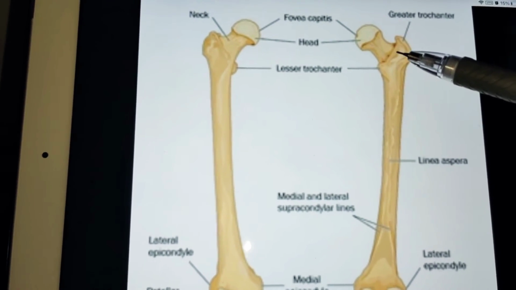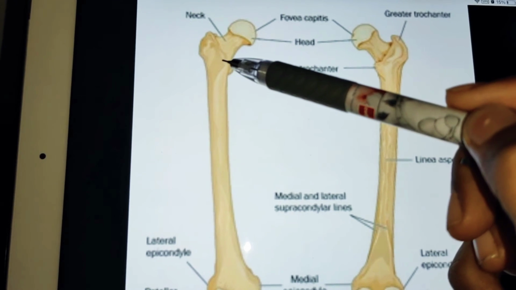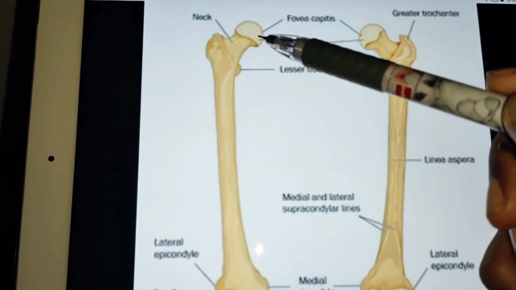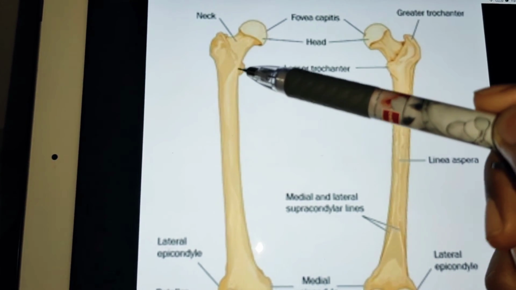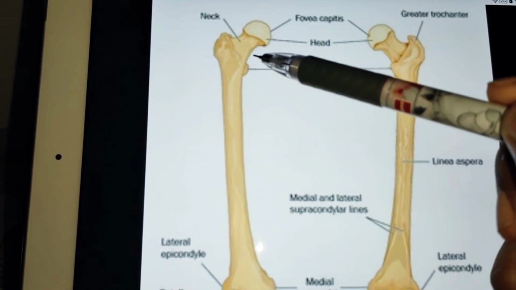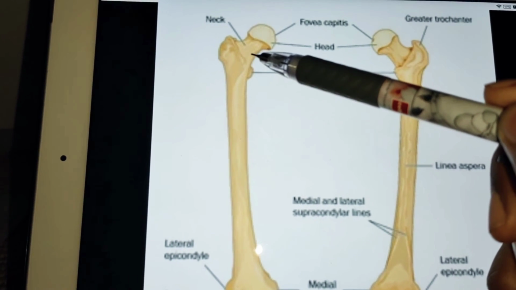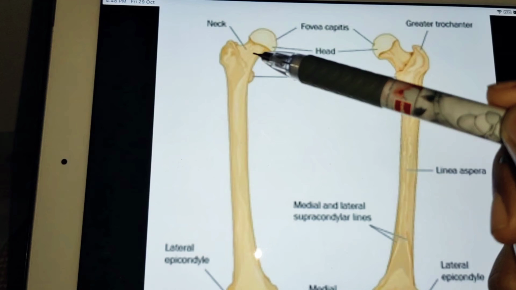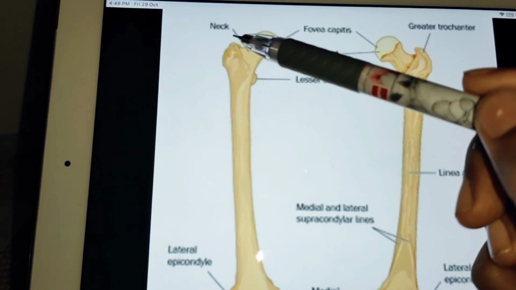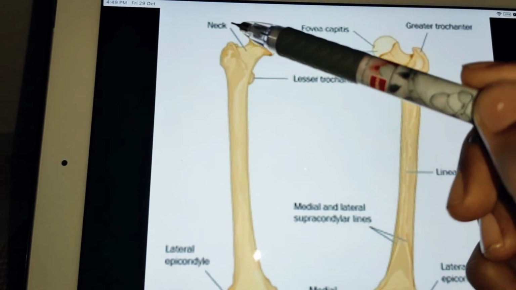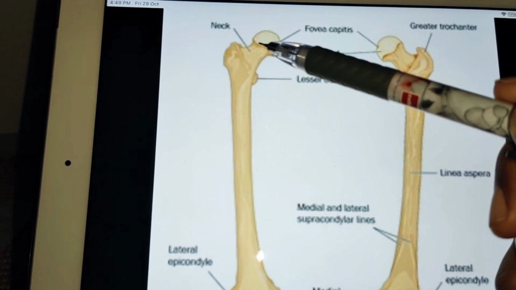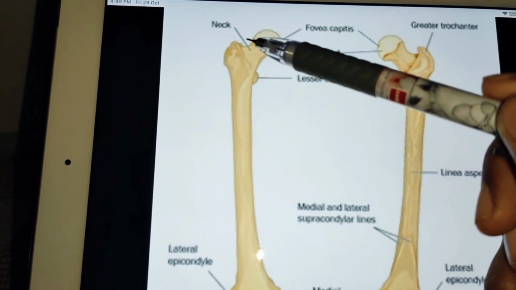Now coming to the intertrochanteric line, this is the intertrochanteric line, right? It marks the junction of the anterior surface of the neck with the shaft of the femur. It is a prominent roughened ridge which begins above at the anterior superior angle of the greater trochanter as a tubercle, and it is continuous below with the spiral line in front of the lesser trochanter.